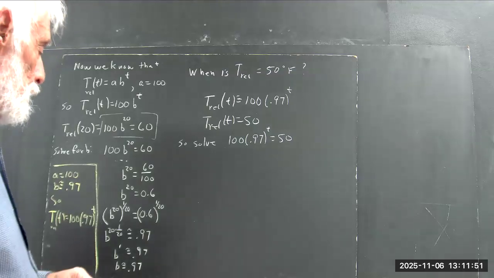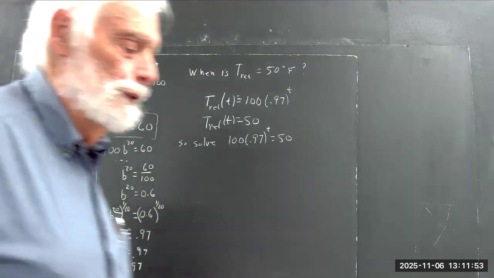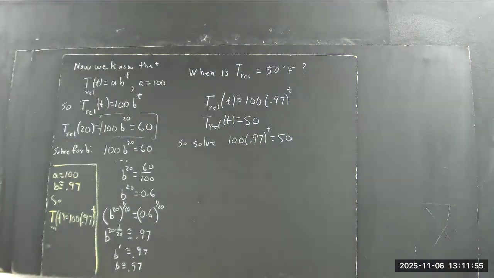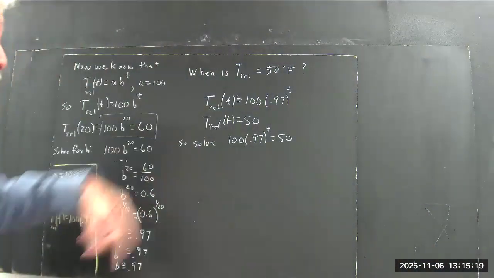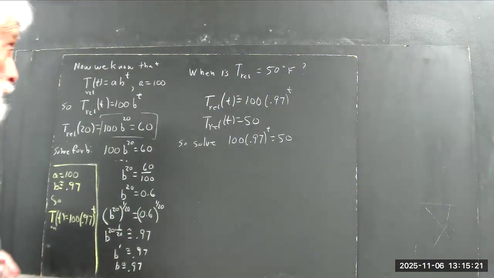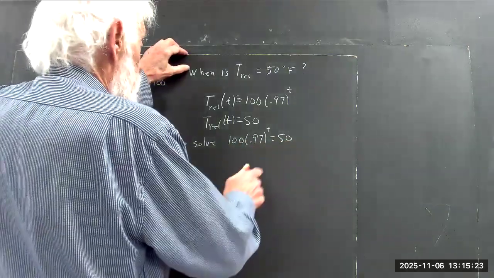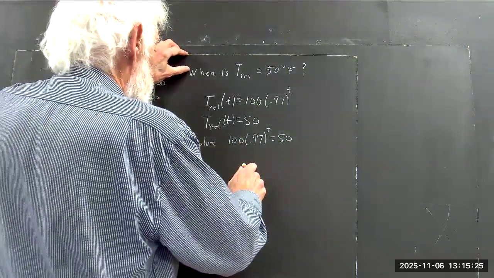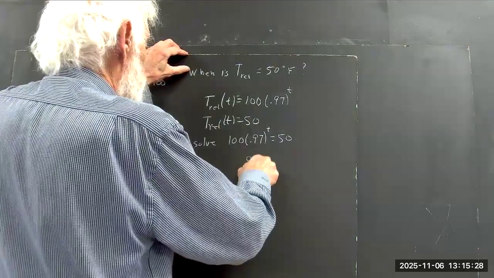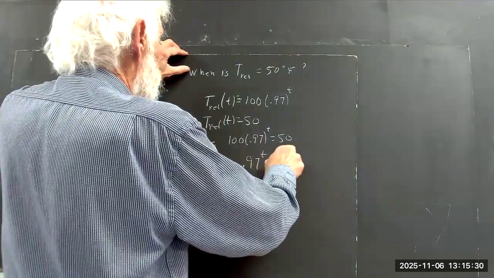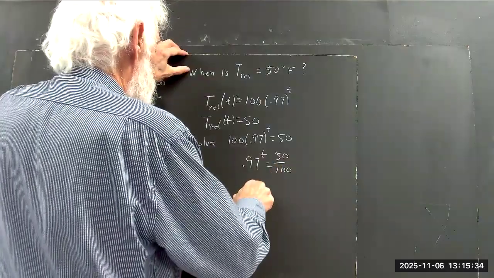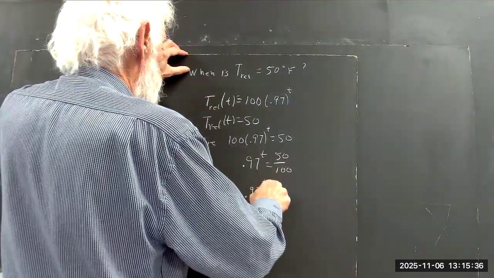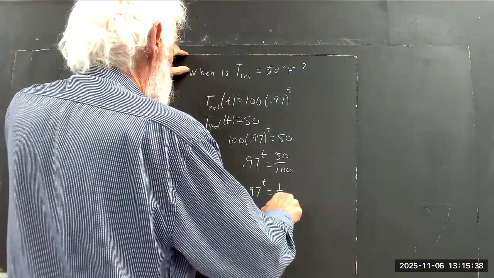Now, you know how to solve that equation. Can you solve that equation? Give you just a couple of minutes. Okay. Now, people did pretty well with this. I mean, everybody got down to divide both sides by 100 and you get 0.97 raised to the T equals 50 over 100. So 0.97 to the T equals 1/2.